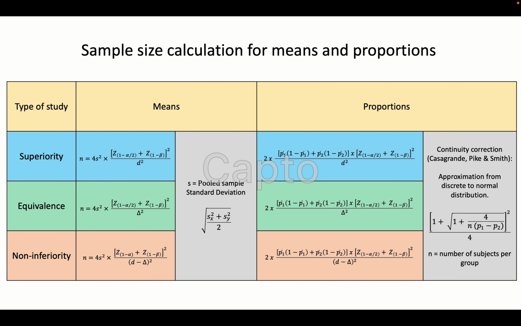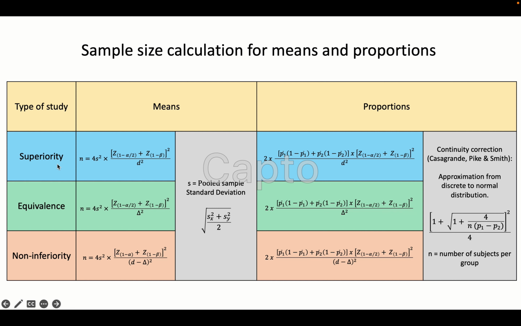So once you understand where this is coming from, you will realize that many equations have the same structure. Here in this slide, I'm showing you the equations for each study according to the type of design.